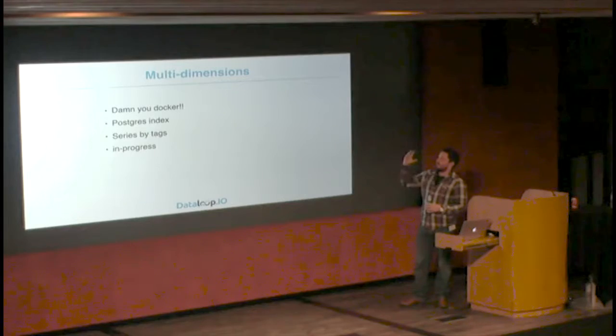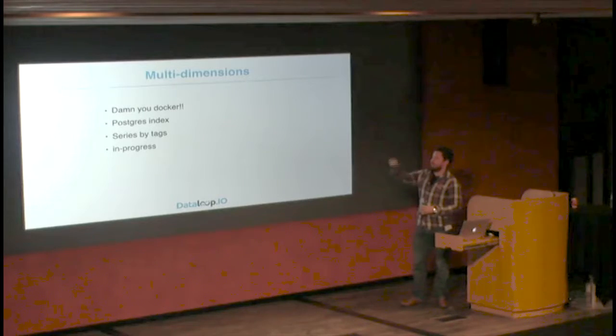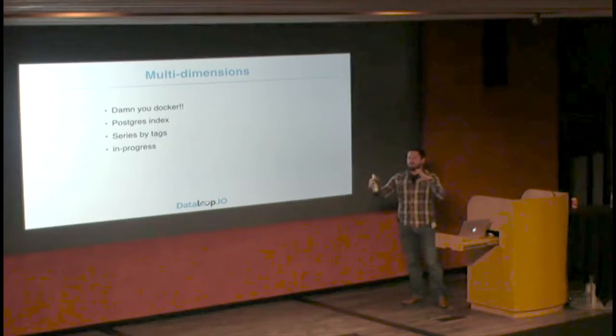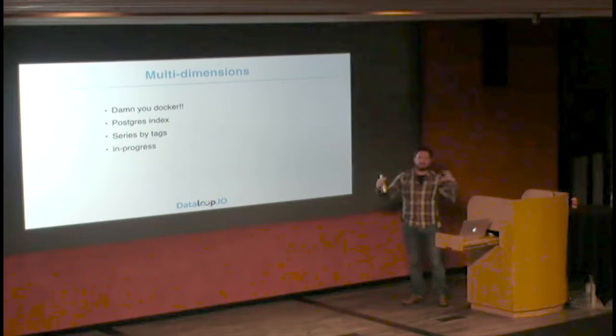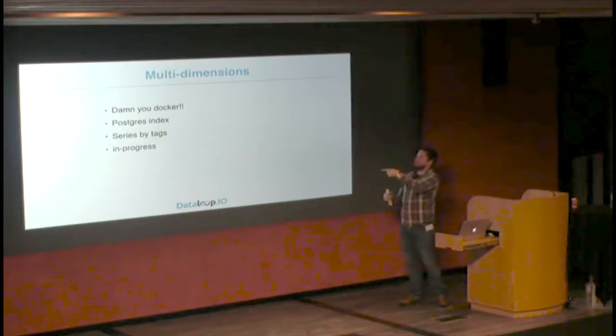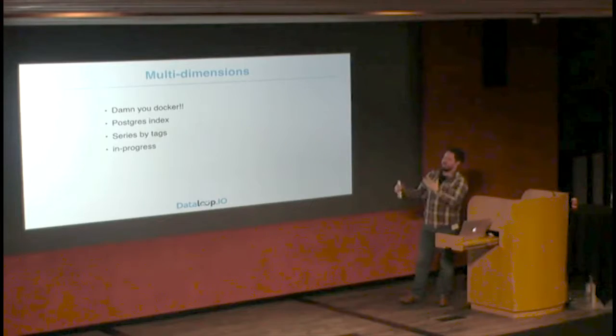The way this works is still in progress. We've been working with Hemmings and a couple of our guys to build the multi-dimension stuff. We'll basically build an index up in Postgres. If you specify a metric path and a set of tags that you want associated with that path, that becomes a unique time series that gets stored and indexed in Postgres and then written to the Dalmatiner backend as it ordinarily would.